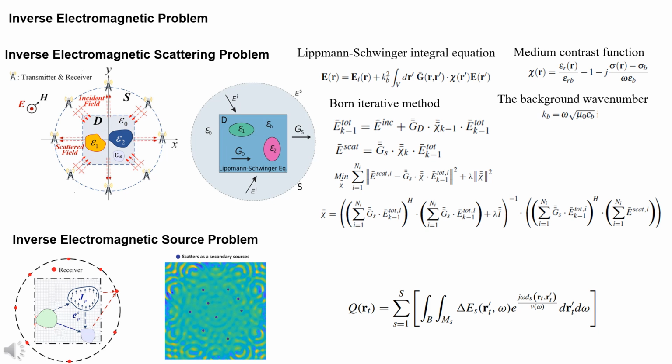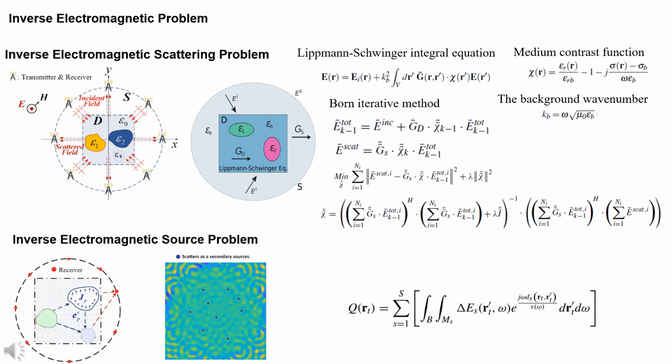During the kth iteration of this method, the total field E_k-1 is computed for the contrast function K_k-1 obtained in the previous iteration, using the state equation. By substituting E_k-1 into the data equation and applying the Tikhonov regularization method, the optimization problem is solved to obtain K_k. For the first iteration, K_0 is chosen arbitrarily. The slide presents the formulation associated with this solution, including the closed-form solution.